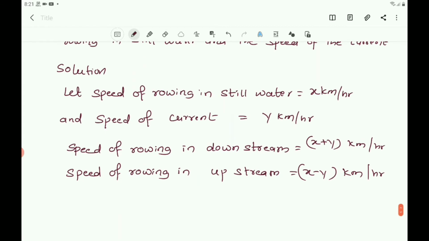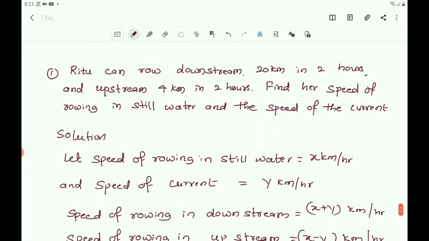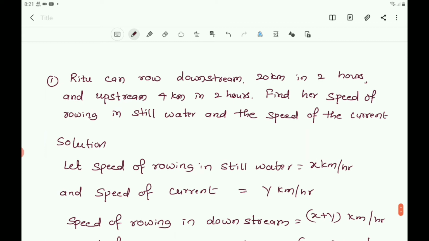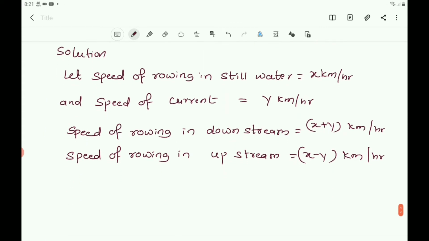Now what is given here? Time taken is given. You know the relation among time taken, distance and speed. Distance and time taken are given in both the downstream and upstream cases, and we know that time equals distance by speed.